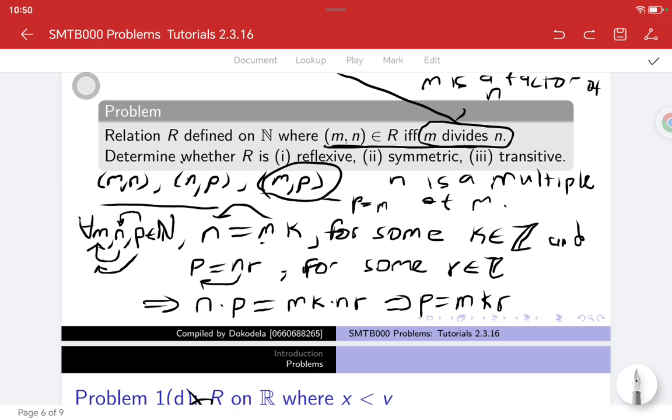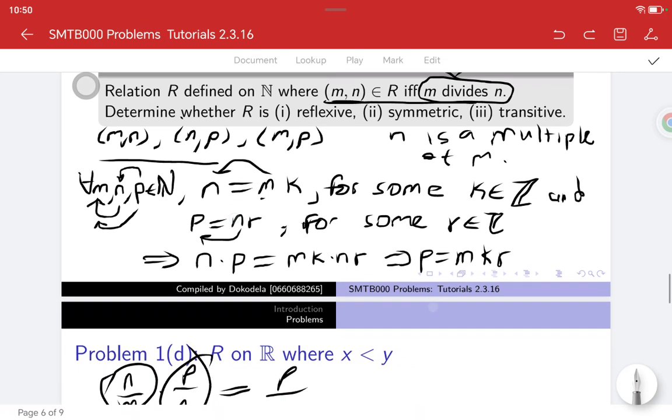And k and r are integers. So when we multiply two integers, are we going to get an integer? Yes, so it means that this should be an element of the integers. Hence, this means that m divides p, because I can divide both sides by m and it will still be correct. You see, right? And then this should be an element of R. Hence, R is transitive.